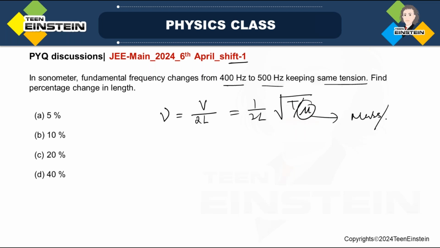Even though the tension is the same, this mu is not going to be the same if the length changes, so V is also different for different lengths.